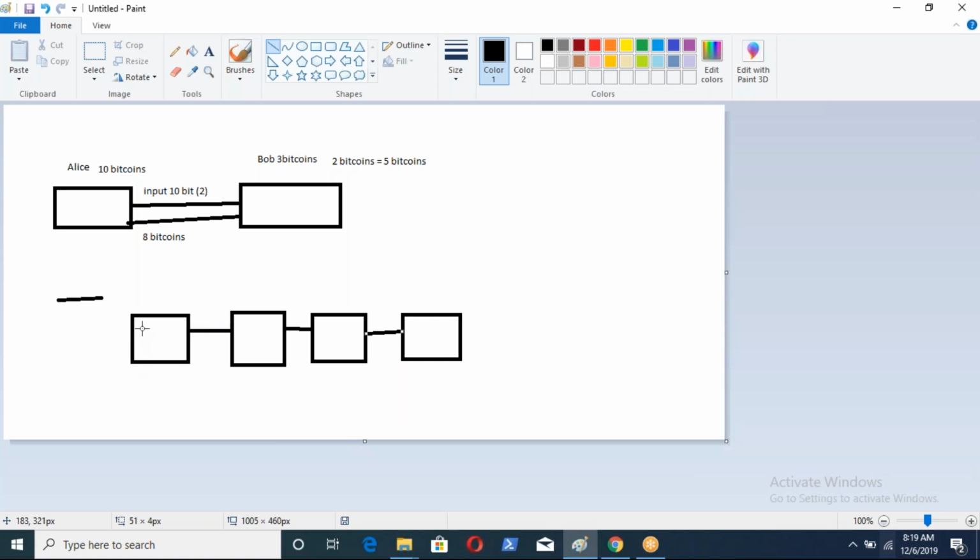This is the first block, the genesis block. For every block, not only the genesis block, we have two main parameters: the previous block hash, which is the most important, and the present block hash.